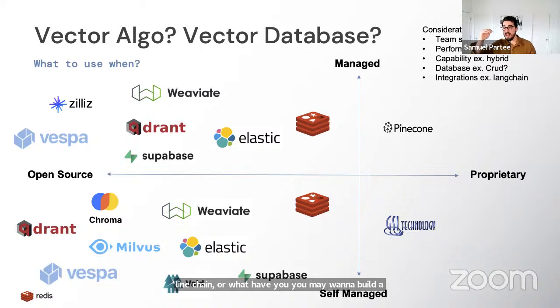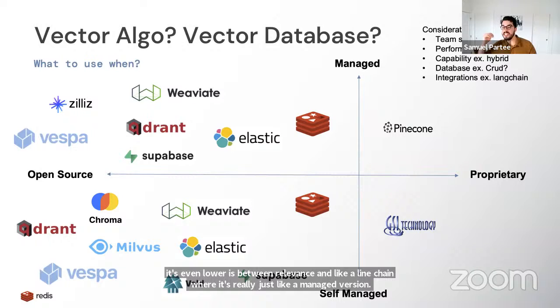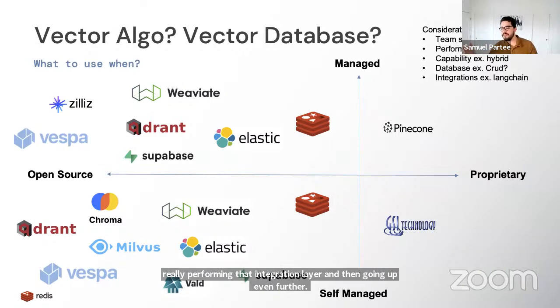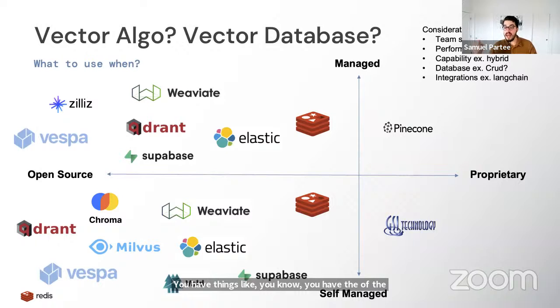Use something like Relevance, or even further, in this case, like Metal, for instance, is, I would say, even lower. It's between Relevance and something like LangChain, where it's really just a managed version of a vector database, such that it's really easy to get started, but you're still developing that yourself. It's not really performing that integration layer. And then going up even further, you have the Mantiums of the world that are doing a lot for you.